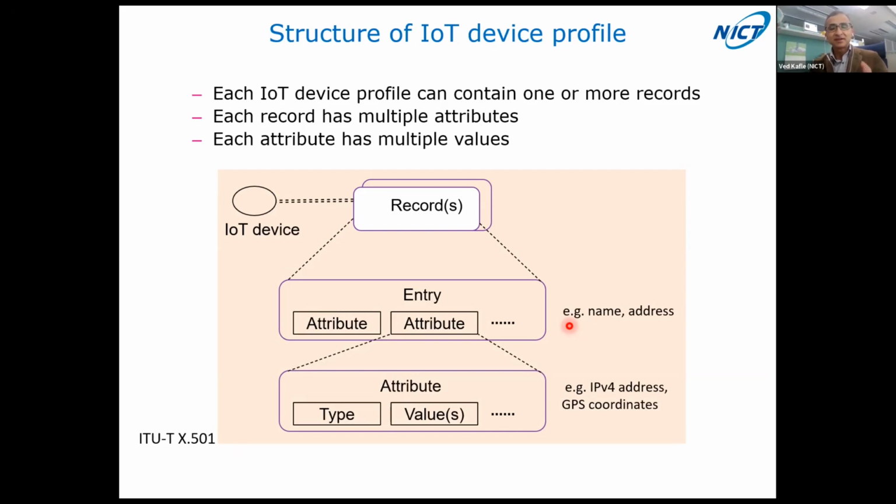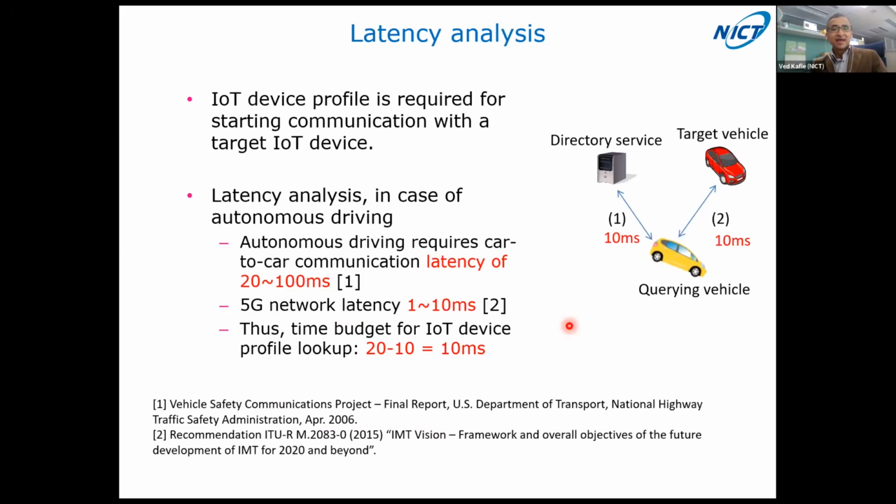For example, if the attribute is location, then we may have the type, like if it is a GPS location, or a geographical location, or some sort of address, like an IP address type of location. So we can have different attributes, different types, and different values for the record. It is also based on the ITU-T X.501 standard.